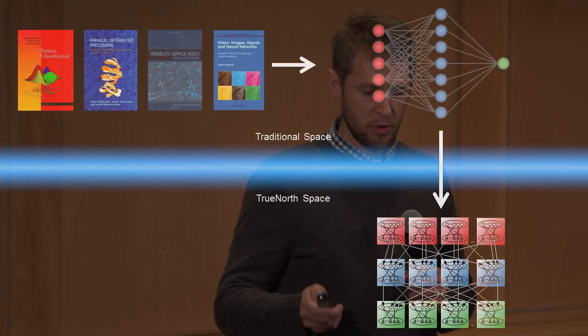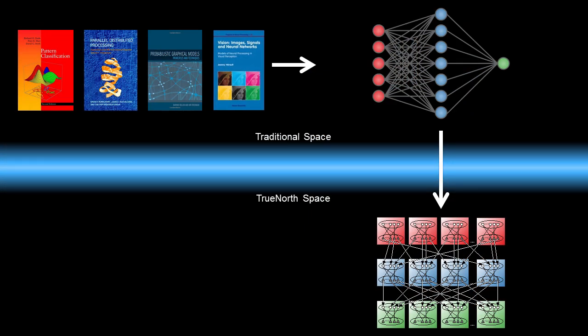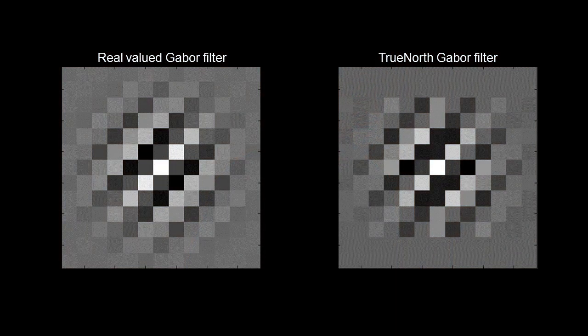So what we've done, as Brian alluded to earlier, is we've created methods for mapping general neural networks into the TrueNorth architecture. And this in turn lets us take advantage of the large knowledge base that's been created by machine learning already. We found that these techniques work very well for a variety of feature extractor and classifier designs. As an example, here you can see a Gabor filter. This filter is commonly used in signal processing for extracting oriented edges.